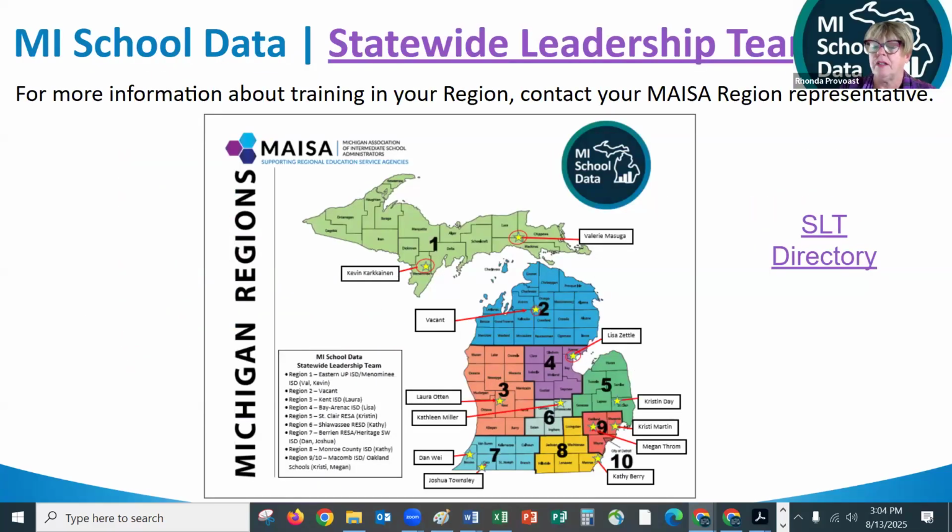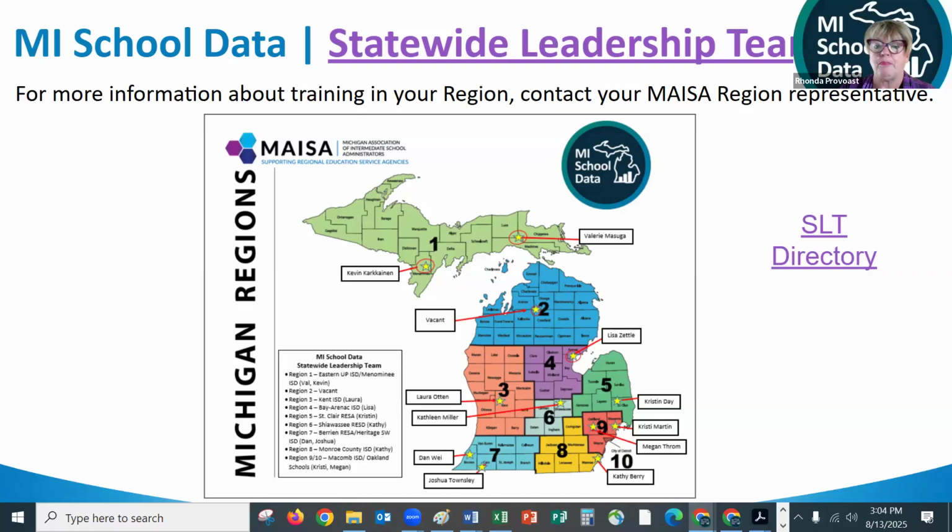So just a reminder, MISchoolData has a statewide leadership team that helps with the professional learning opportunities and the partnership we have with CEPI. Right now we have 10 regions. They are designated by the MESA region. So if you're not sure which ISD you represent, here's a little map of our great state and you can locate that for your attendance.